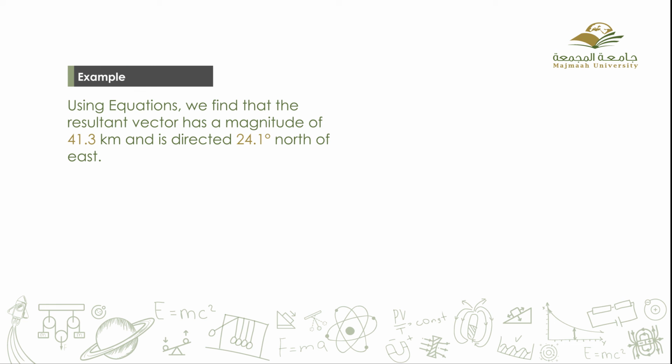Then to find the magnitude and the angle of the vector R, we can use the rules and equations: the square root of Rx squared plus Ry squared, and another rule for theta, the angle, which is equal to tan inverse Ry over Rx. This results in a magnitude of 41.3 kilometers and an angle of 24.1 degrees north of east.